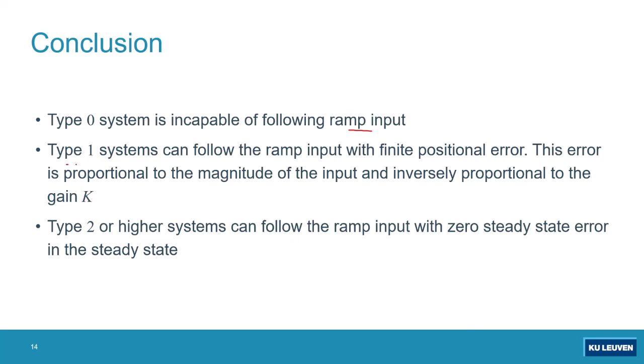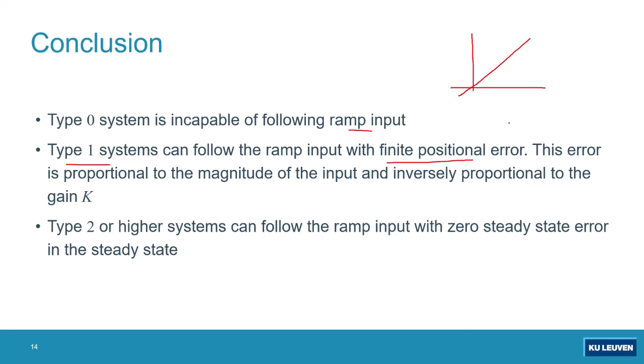While for type 1 system, if we give a unit ramp input to the unity feedback system, we will have a finite positional error. This error is proportional to the magnitude of the input and inversely proportional to the gain K. So if a unit ramp input is given to a type 1 system, the response still can follow the input.